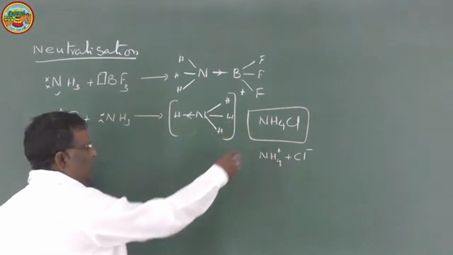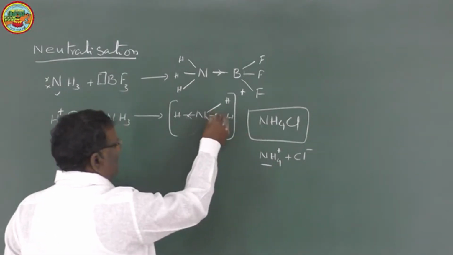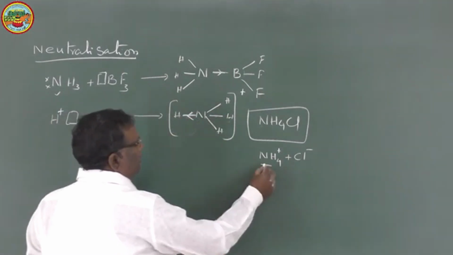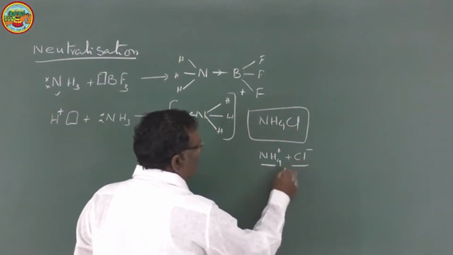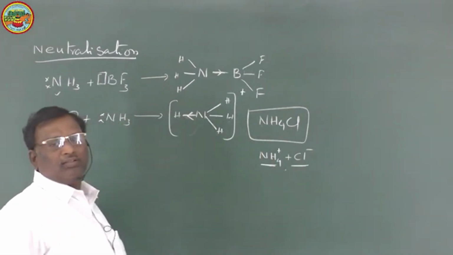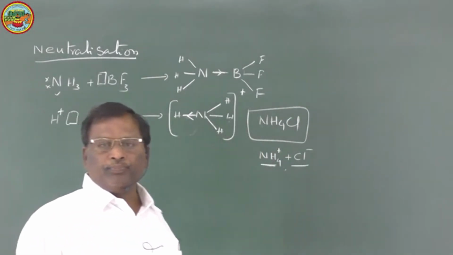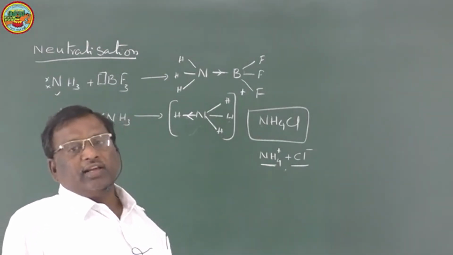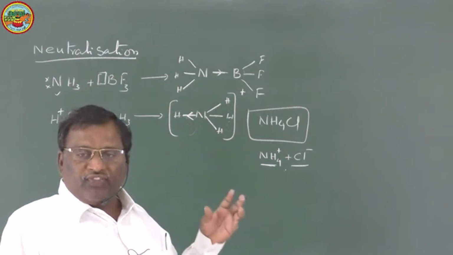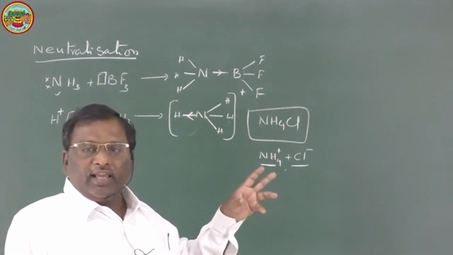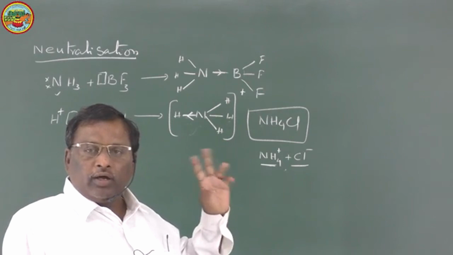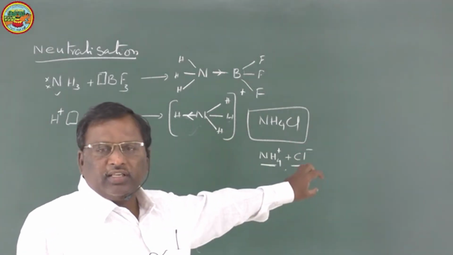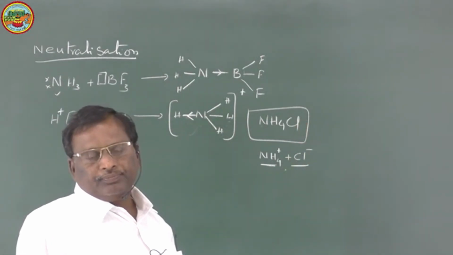So in NH4Cl, we have three NH covalent bonds and one NH covalent coordinate bond. Between NH4 plus and Cl minus, we have an ionic bond. We cannot really call NH4Cl a molecule because it is an ionic compound. We can find three types of bonds: covalent bond, ionic bond and covalent coordinate bond. All three types are present in NH4Cl.